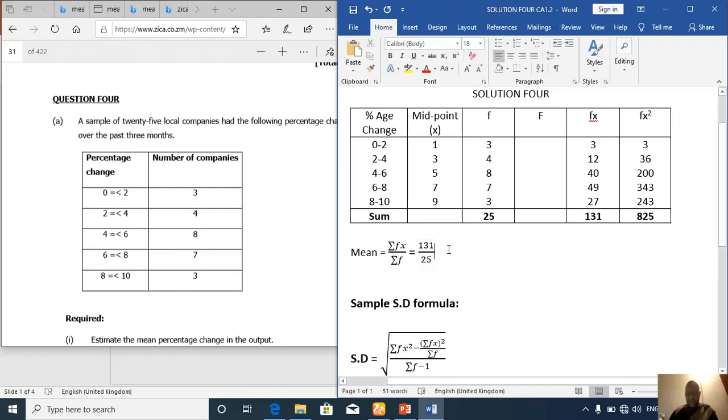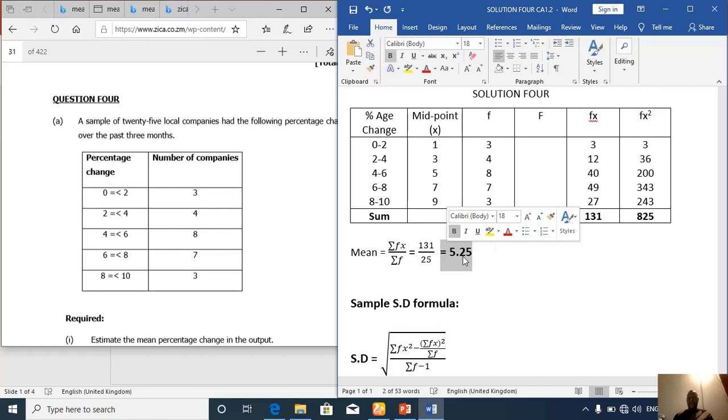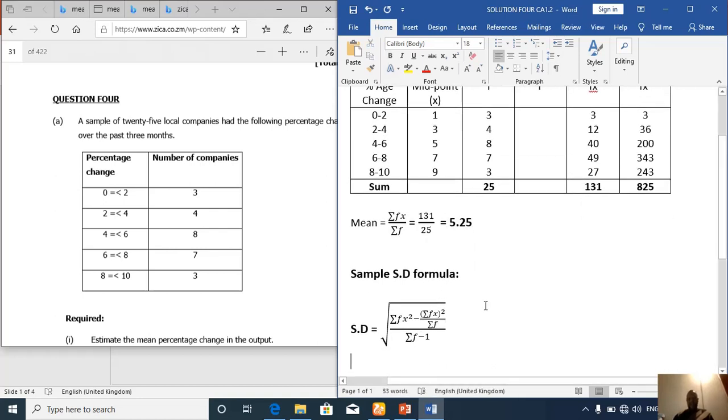So 131 divided by 25, that should give us 5.25. So 5.25 should be the answer that you get after dividing 131 by 25. Mean done.